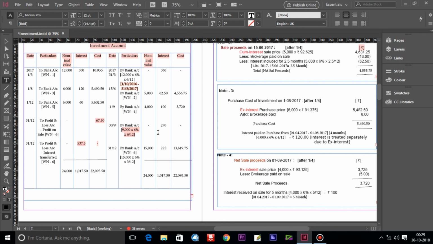It was also correct. But the net profit has been charged here, and the profit and loss account, that is interest transferred, this amount, we got this amount, and that amount we have already got, and the balance amount we got here, and that is this one.